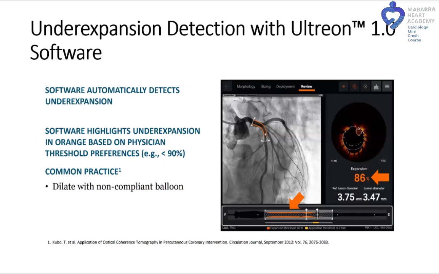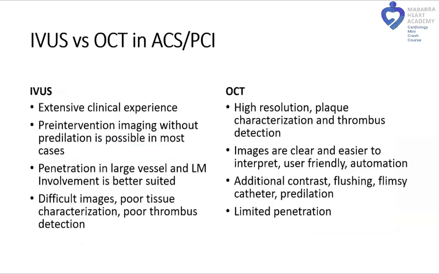However, overall, an expansion threshold or an MSA around 80% is considered acceptable. If you have more than 90% expansion, then that is considered to be optimal. So anything less than 80% should be treated with an NC balloon.